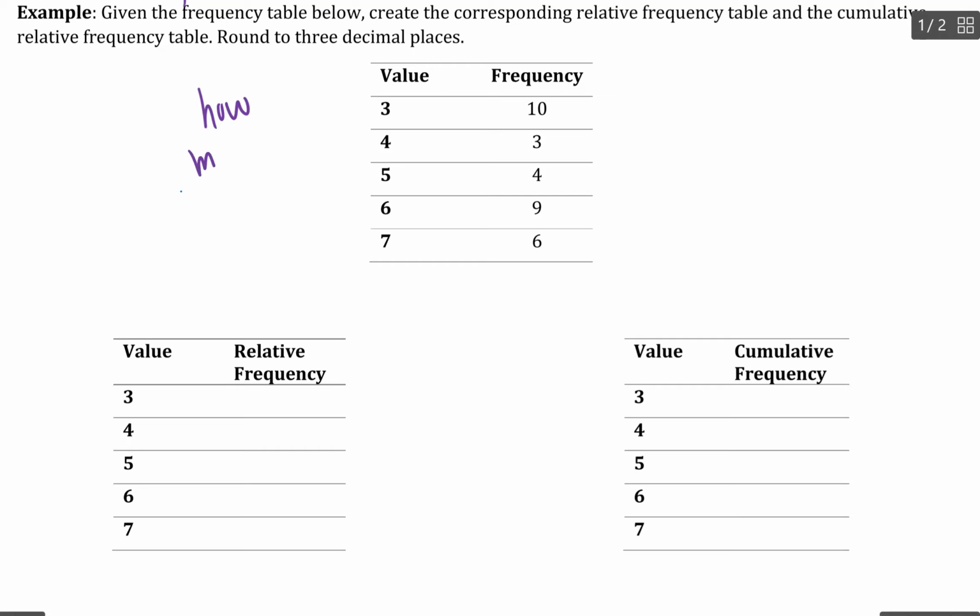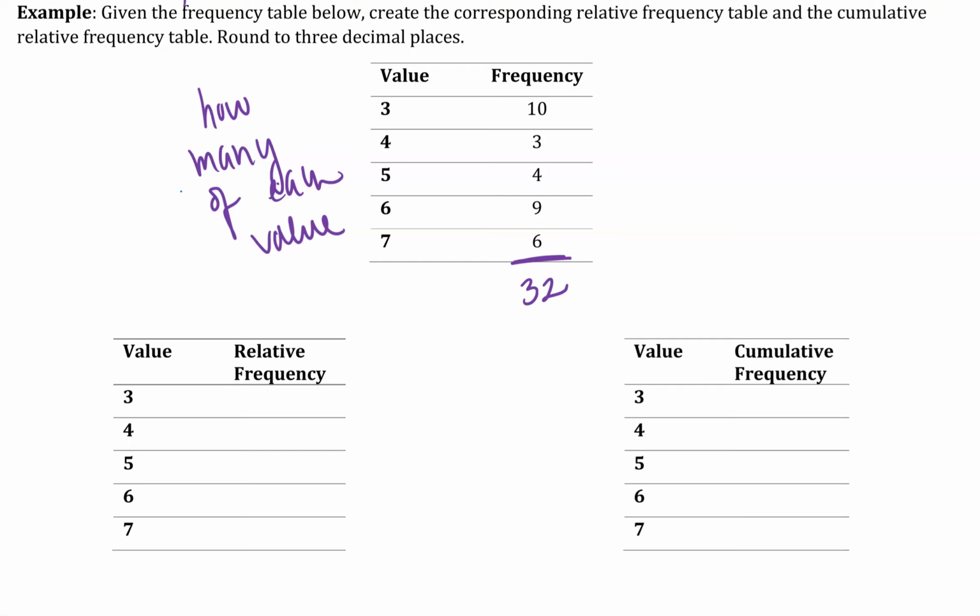And then to get the relative frequency table, we just want to take that frequency and divide by the total number. So think about it as the probability that it occurs. So adding up the frequency, or adding up how many values total we have, we get that there's 32.